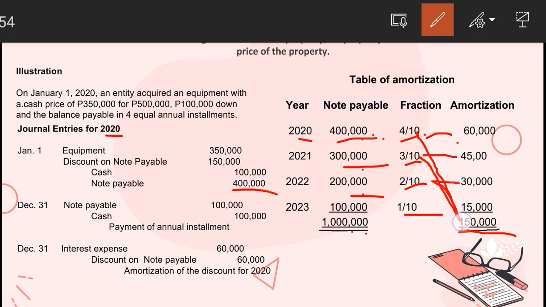And it totals to 150,000. Okay? That's how you do table of amortization. Actually, this table of amortization is the outstanding balance method. I have already discussed the straight line method, diba? And this is the outstanding balance method.